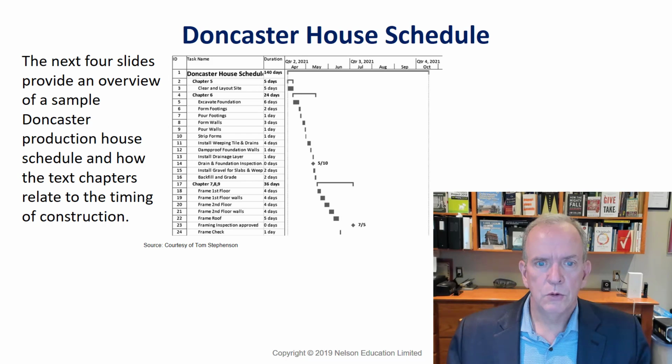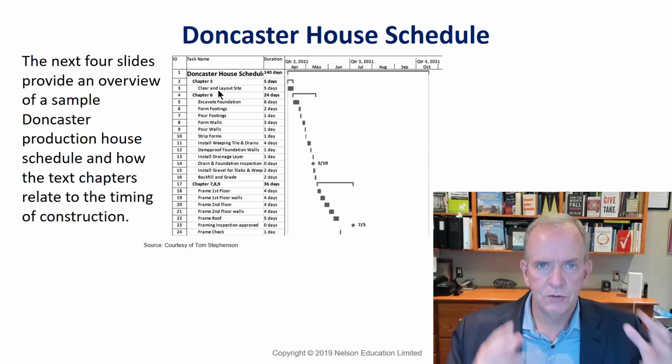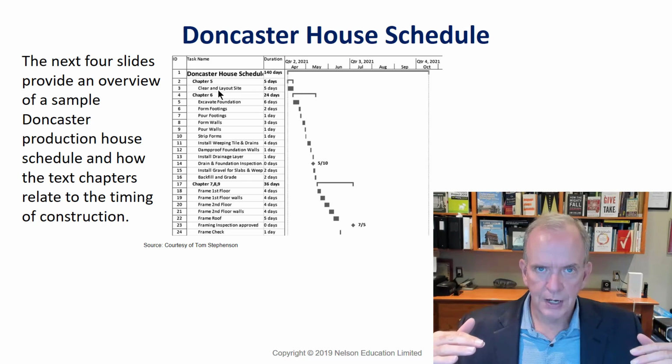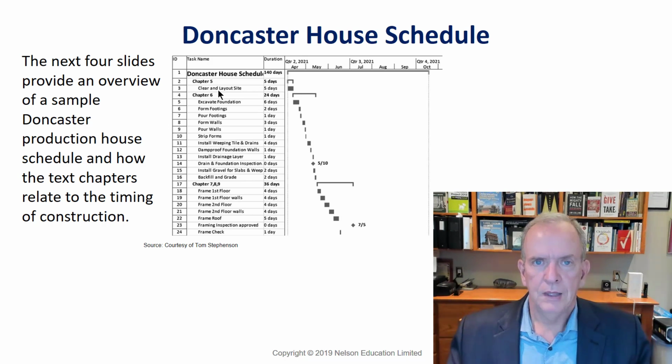So I wanted to point out that in the Understanding Construction Drawings textbook, we're at the stage, so we looked at chapter 5, and we looked at the site and the layout and tried to visualize that process when we went through that one site plan and what that means for the topography of the ground, how that can affect the actual house.